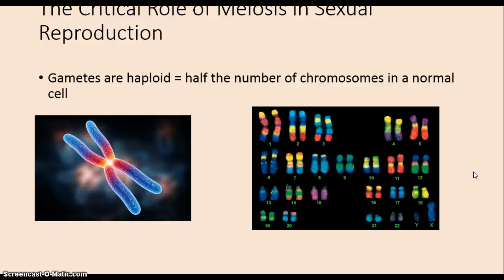The zygote would inherit twice as many chromosomes as needed. An incorrect number of chromosomes can cause problems with normal cell growth and function. Here are two images of chromosomes. This here is a printout of the chromosomes and the different patterns that you can see through the different colors.